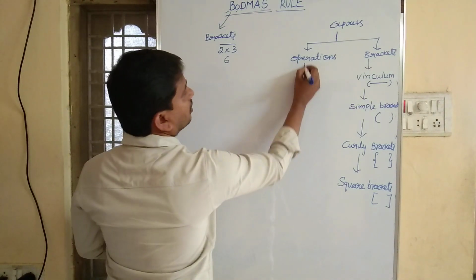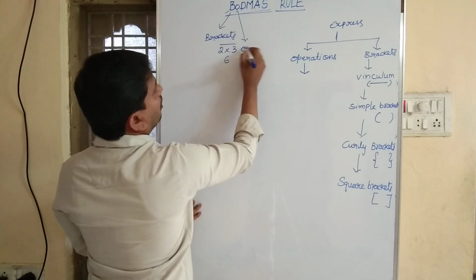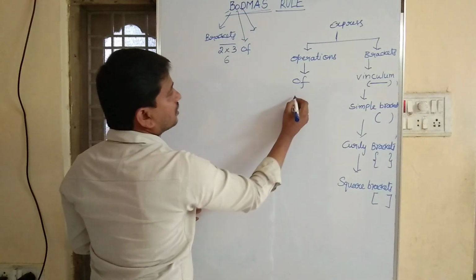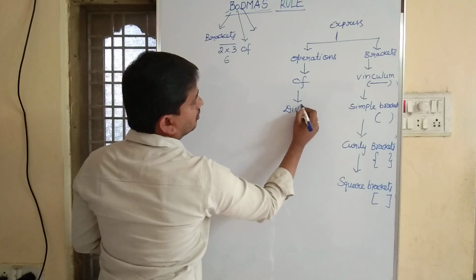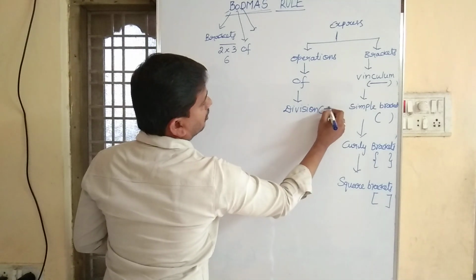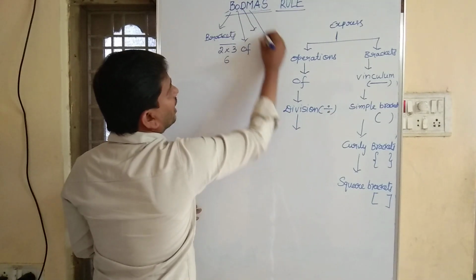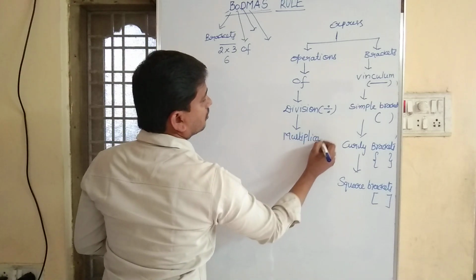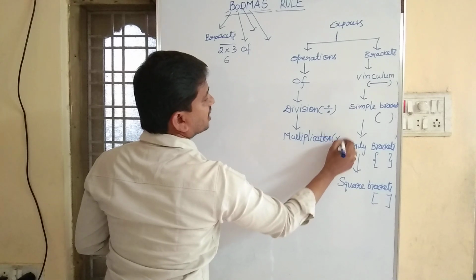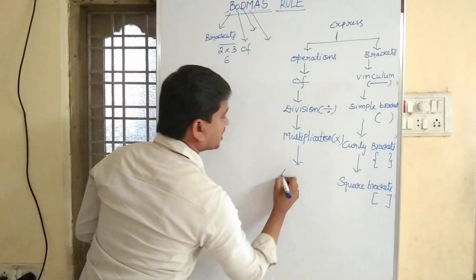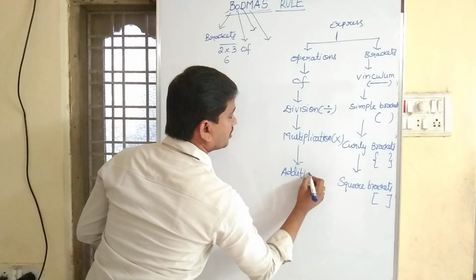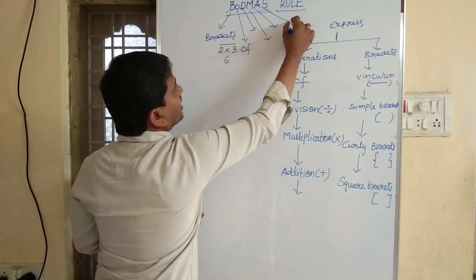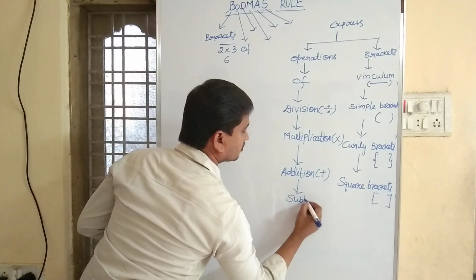And the operations are, the next one, O stands for of, and D stands for division, and here M stands for multiplication, and A stands for addition, and S stands for subtraction, children.